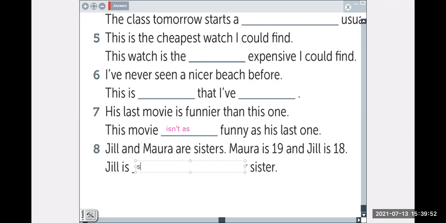Entonces, podríamos decir slightly younger than. ¿O qué otro modifier podríamos utilizar? A little. A bit. Okay, so we can use any of the ones that express the small difference. Very good. Any questions from these exercises here?